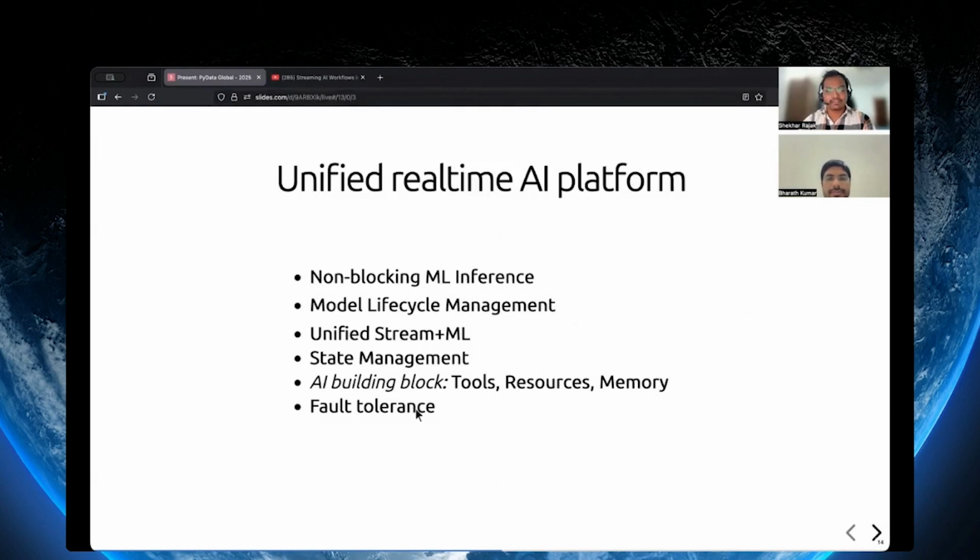We will have state management and all the agentic AI building blocks like tools, resources, and memories. Flink comes with fault tolerance, so if something crashes, it can recover itself. This is what we want in our real-time streaming AI workflow.